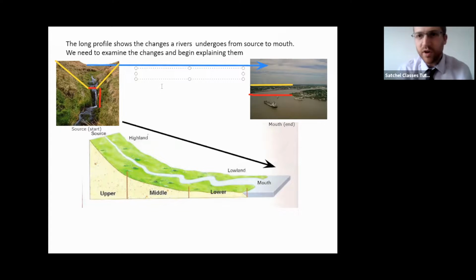The image on the right shows that the river is much, much wider. So what we can say is that the river width increases downstream. Just put in brackets that it becomes wider. Okay, so the width is getting bigger.